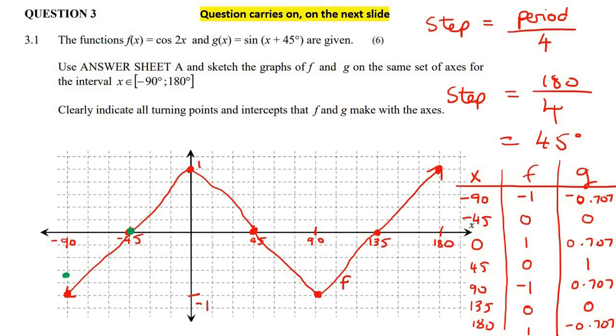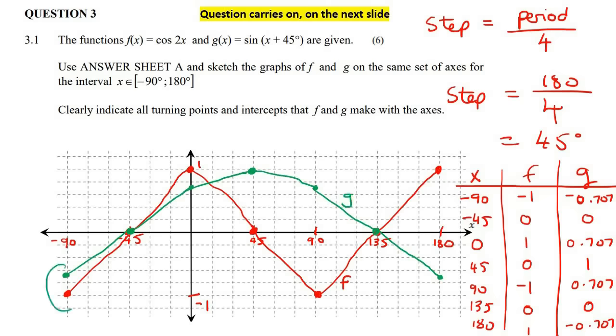So that would be over here. And then 45 and 1, 90 and 0.707, which would be over there, and then 135 and 0, there we go, and then lastly 180 and -0.7, which would be over there. And so that is the graph of g.